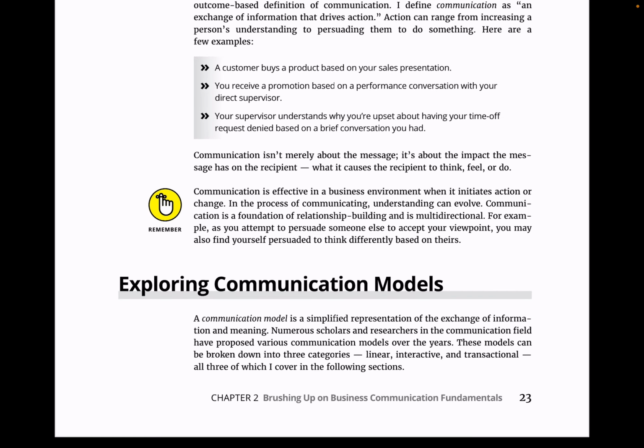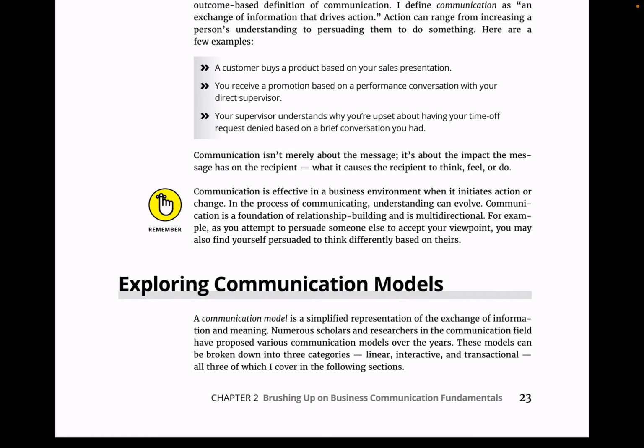The third element is the channel, or the mechanism used to transmit the message, such as phone, radio, or television. And the last element is the receiver, that is the person who receives the message.